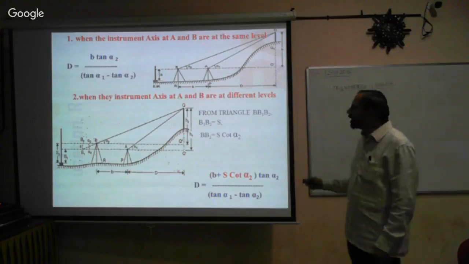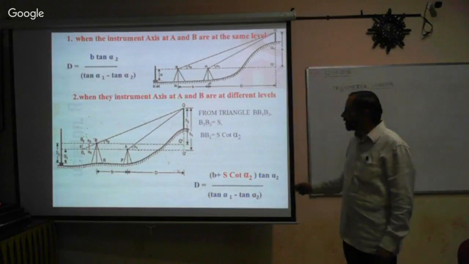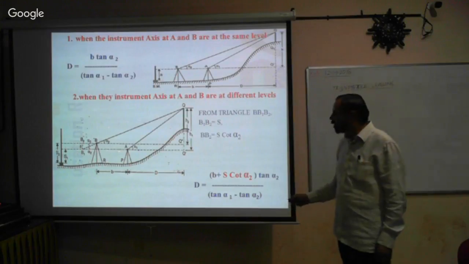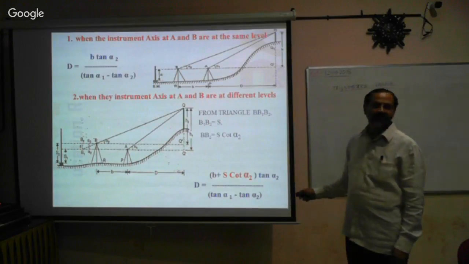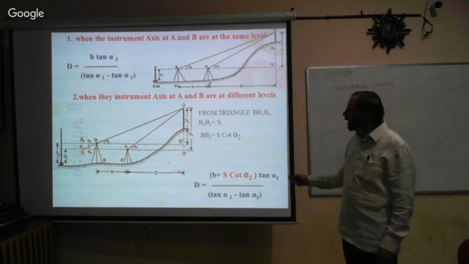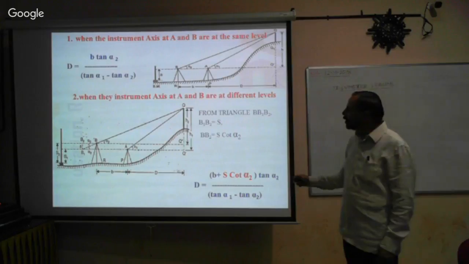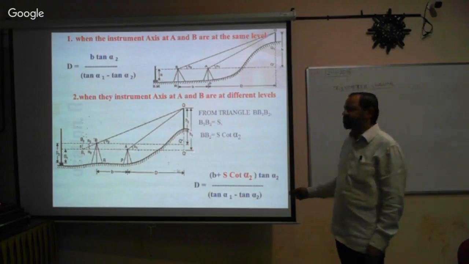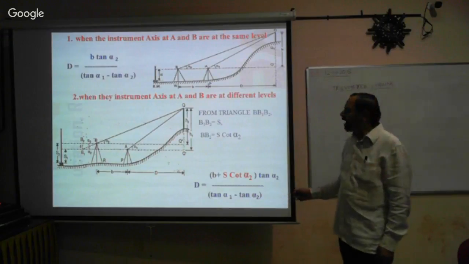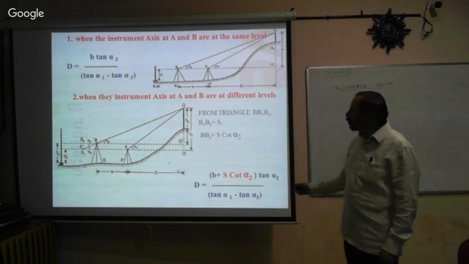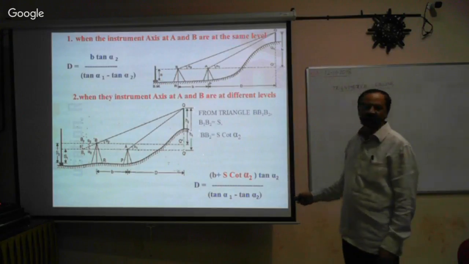So therefore, now let us consider the second triangle. So this is the triangle from Q, B1 to Q dash. In the earlier case, we considered the triangle Q dash. Now, in the second case, we are considering Q, B1, Q dash, isn't it? Because if you consider both the triangles, the height above the instrument axis is H1, isn't it?